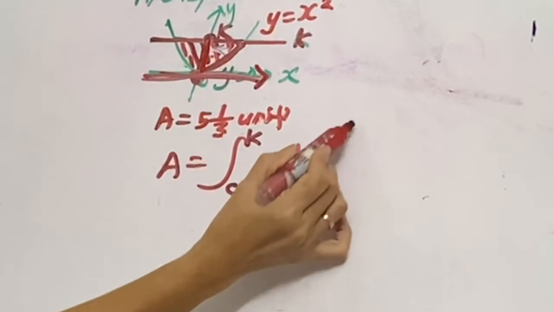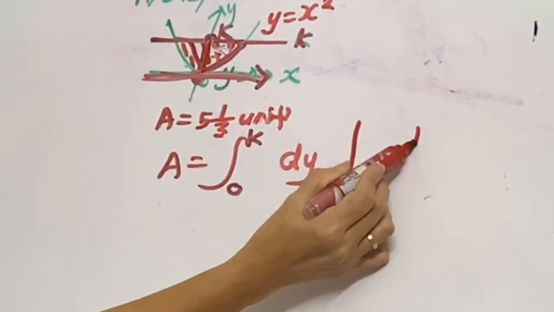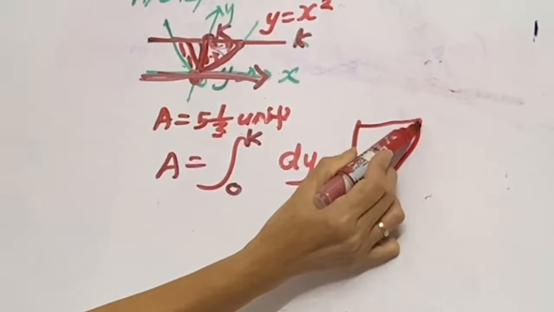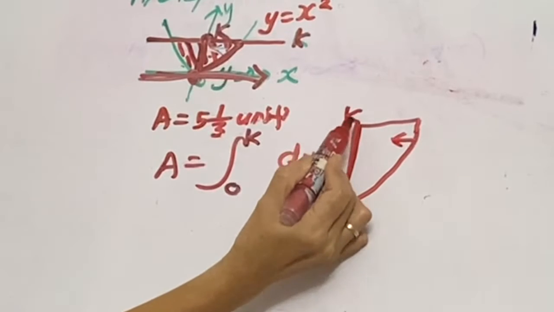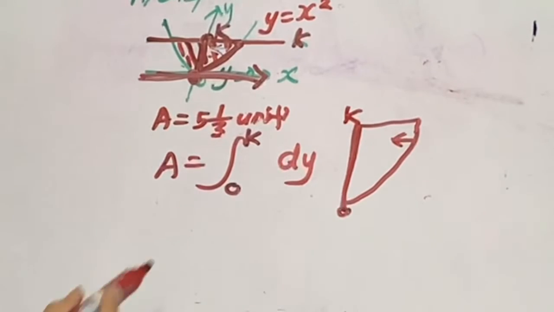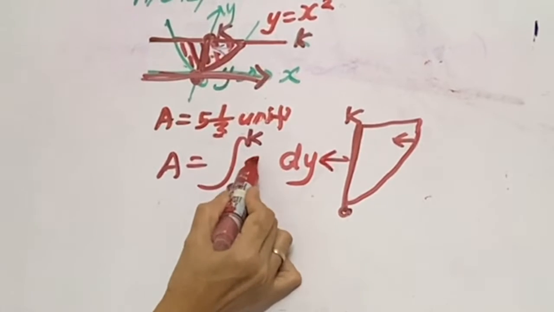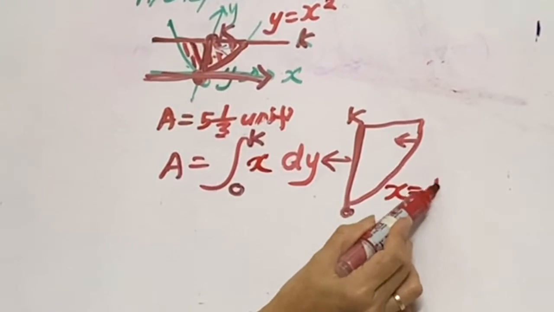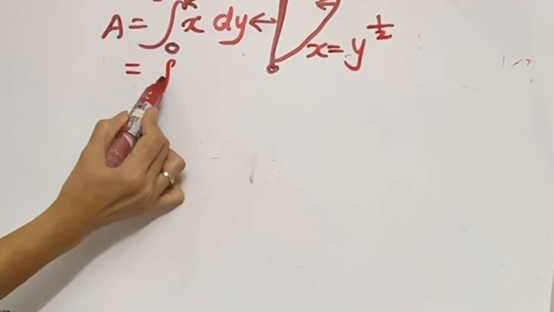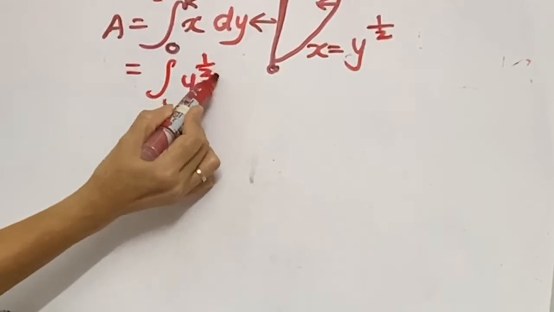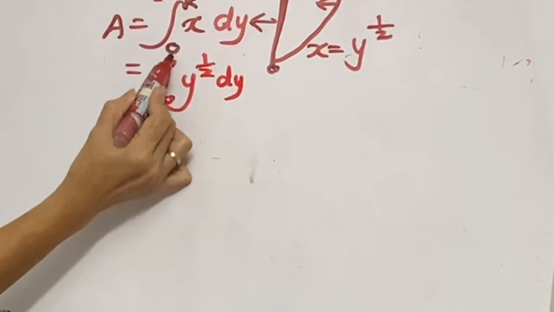So you have the area under the curve, and under the curve is the y-axis. Here is 0, here is k, the y. That means you have to use dy for the area, and here must be x. So x is y to the power 1/2. You have to express x in terms of y, dy, from 0 to k.